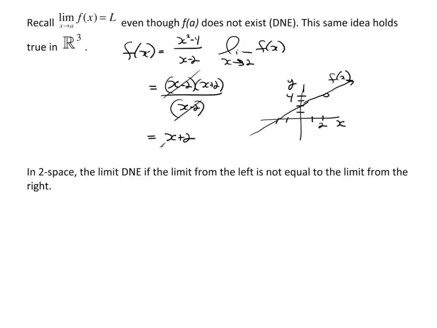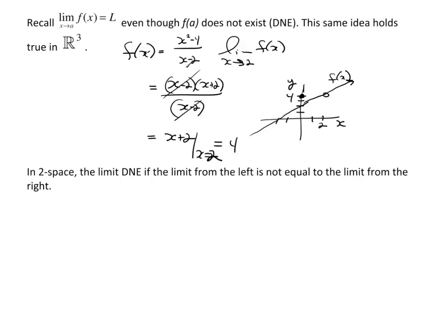The reason I know that is because this equivalent function can be evaluated at x equals 2. If I evaluate this at x equals 2, I get 4. There we go. So I know the value right here actually has the value of 4.